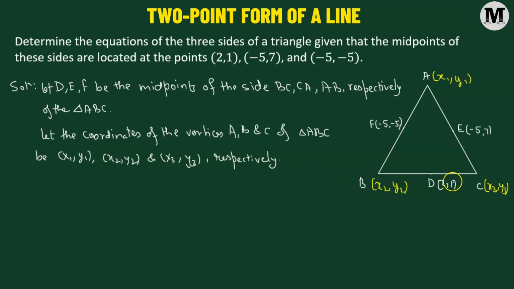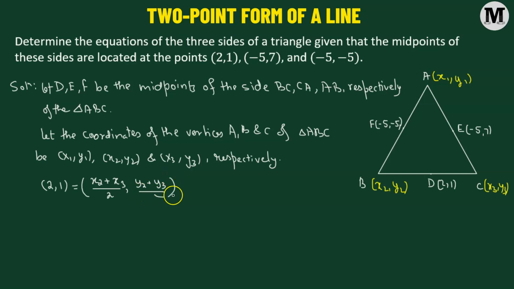Now, let's start with the coordinate point D. It's given that the coordinates of D are (2, 1). If we use the midpoint formula, since D is the midpoint of BC, the x coordinate will be (x2 plus x3) divided by 2, and the y coordinate will be (y2 plus y3) divided by 2.